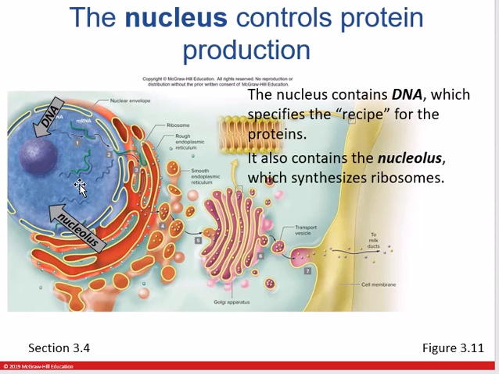RNA is synthesized here. RNA is moved into the cytoplasm, where translation happens, where proteins are synthesized. So ribosomes are the structures where proteins are synthesized.